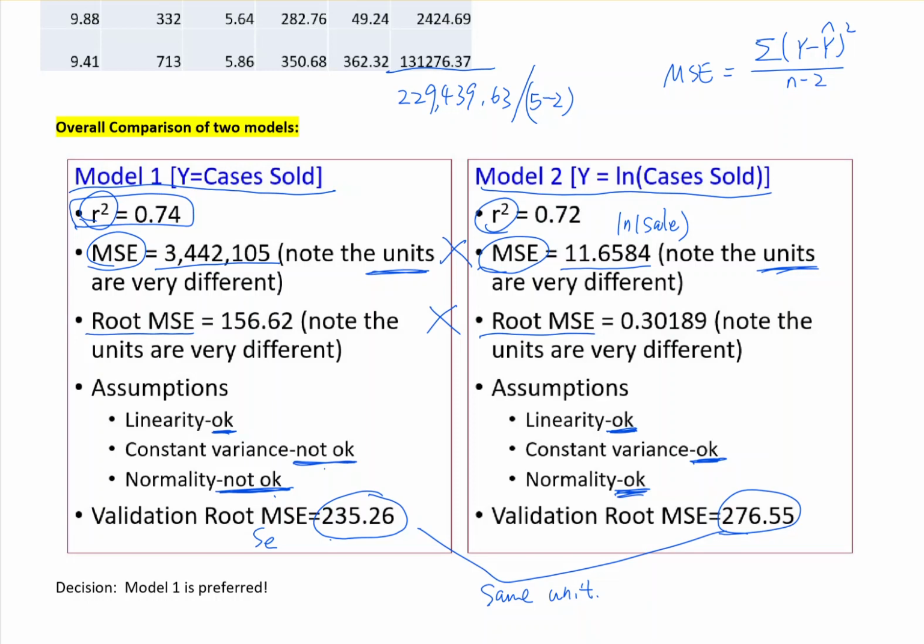So for this case, if I am the one to decide which model I will use, I will prefer model 1. Because model 1 is easy to interpret, and it also has a larger R square and smaller MSE than model 2, although model 2 has the good assumptions.